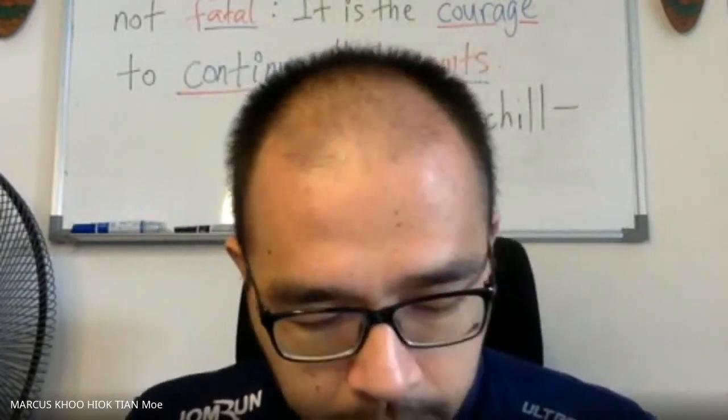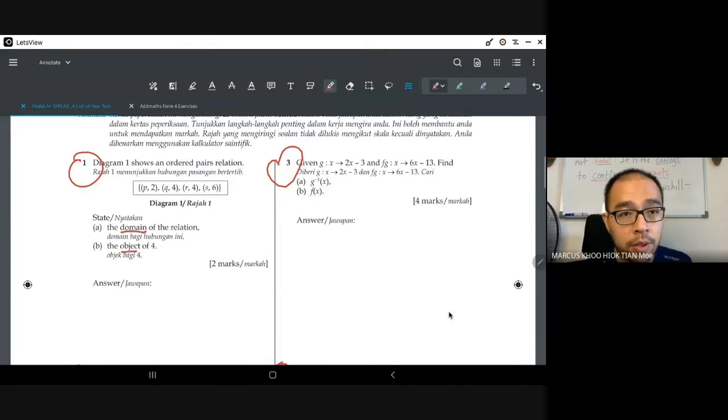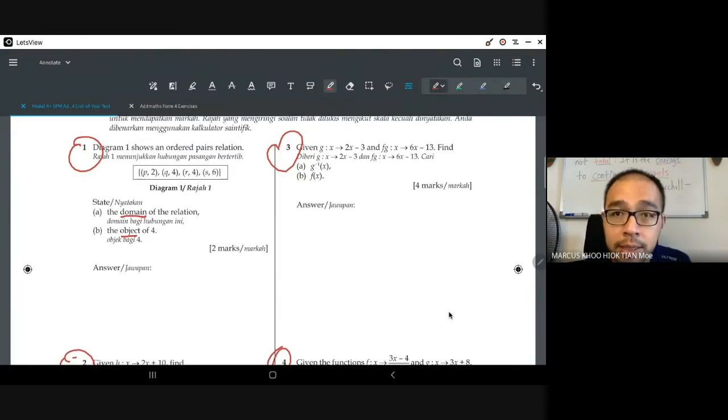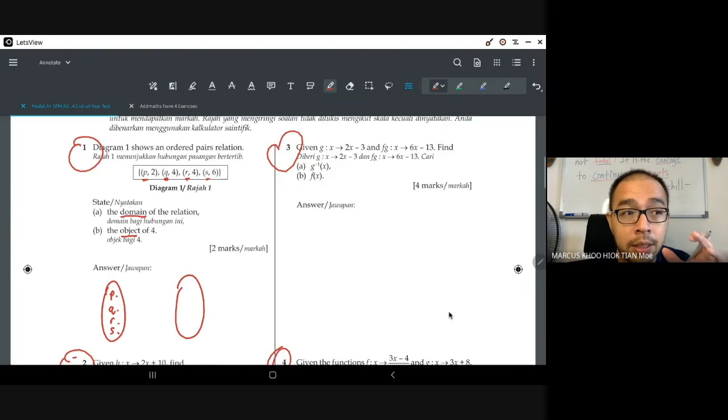All right. So diagram 1 shows an ordered pair relation. State the domain of the relation, and the object of 4. Now, whenever you have an ordered pair like this, usually I like to tell people to draw it out. So you have two circles, and on the left is all this P, Q, R, and S. We put a dot to show that it is an element in the set.